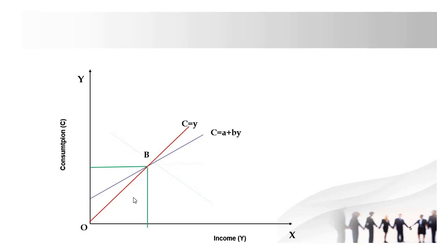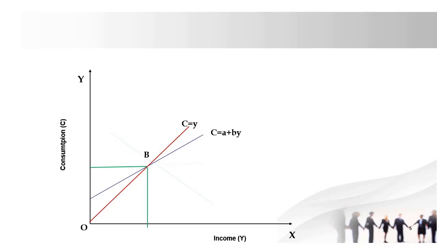Then the consumption curve intersects at the point B. That point is known as the break-even point. The break-even point is the point at which the consumption is equal to income. That is, according to the table, the income is rupees 20 billion and the consumption is also rupees 20 billion.